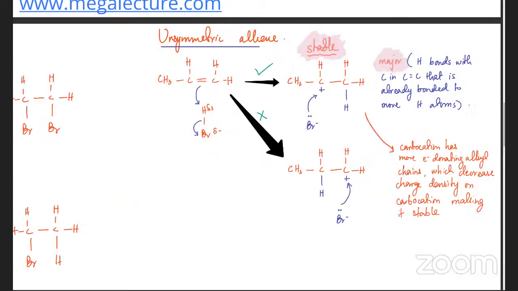All you have to know is why H bonds with the carbon that's already bonded to more H atoms: because the carbocation formed has more alkyl chains. The positive charge is right in the middle of the chain. So the carbocation has more electron-donating alkyl chains around it, which decrease the charge density and make it stable. This positive one is very unstable.